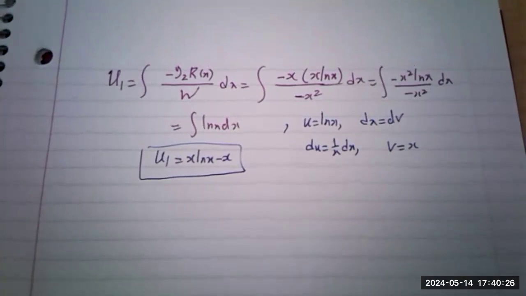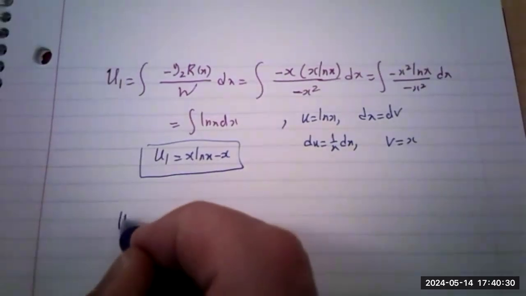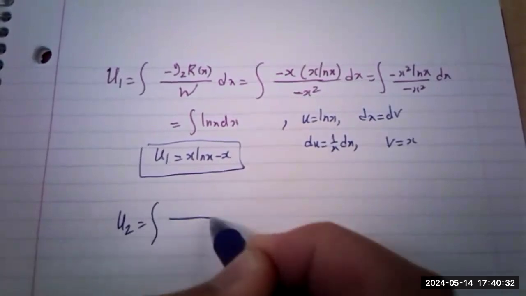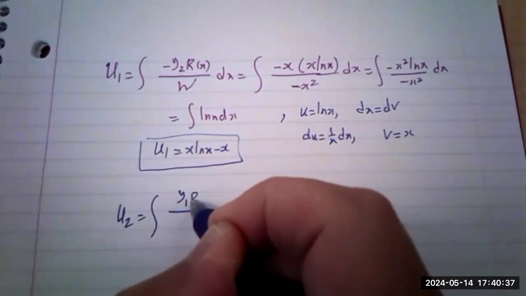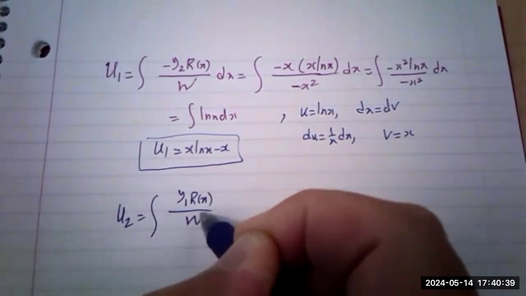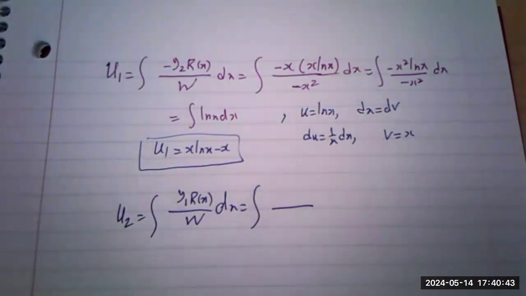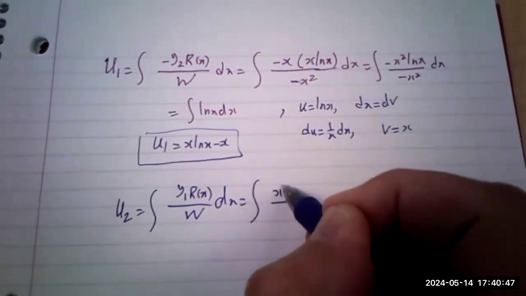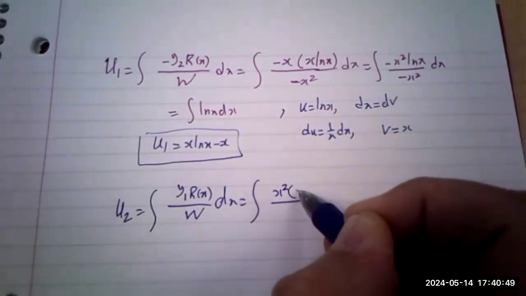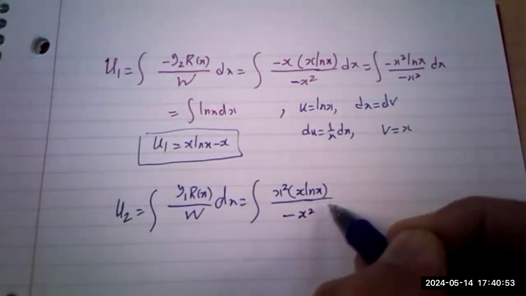Go back and find the u2. The formula for u2 is the integral of y1 r(x) over the Wronskian dx. Your y1 was x squared, and r(x) is x ln x, and this is a negative x squared dx.